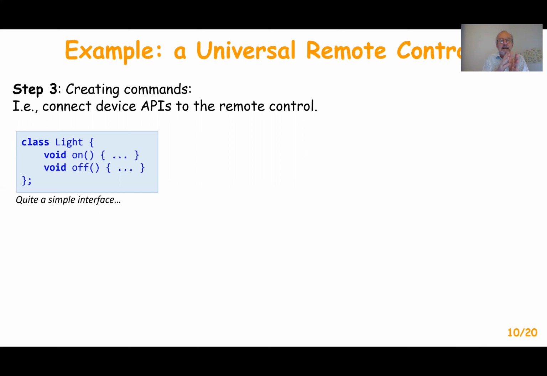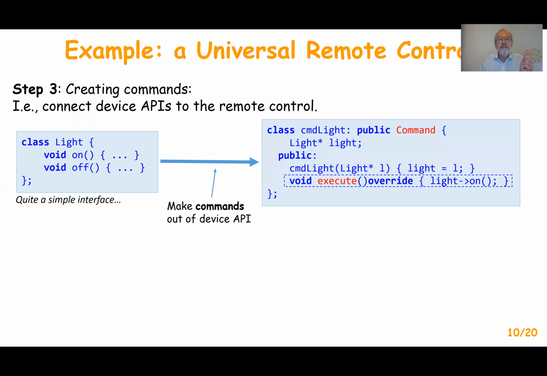Let's consider how to control this device, light. Look carefully at what I have written. So I have declared a class derived from command. This means that this class must implement the pure virtual function execute, or abstract function execute. Look at what I have written in the class.